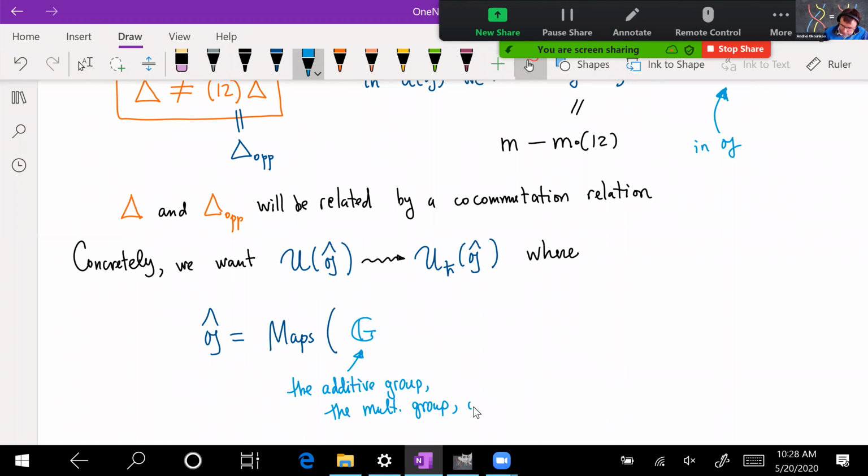Or maybe it'll be a curve, but that is for later, not for now, because a curve doesn't have so many global functions. And this would be going to some Lie algebra g.